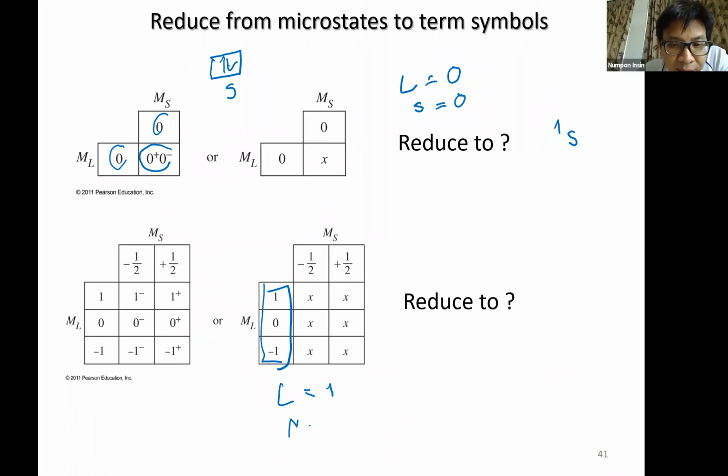And since MS ranges from -half to +half, S is going to be equal to half. So this term is going to reduce to P, and 2S plus 1 is going to be equal to 2. So it's going to be the doublet P.